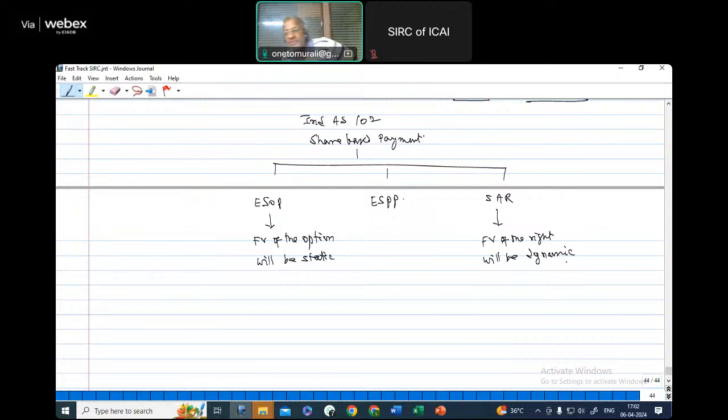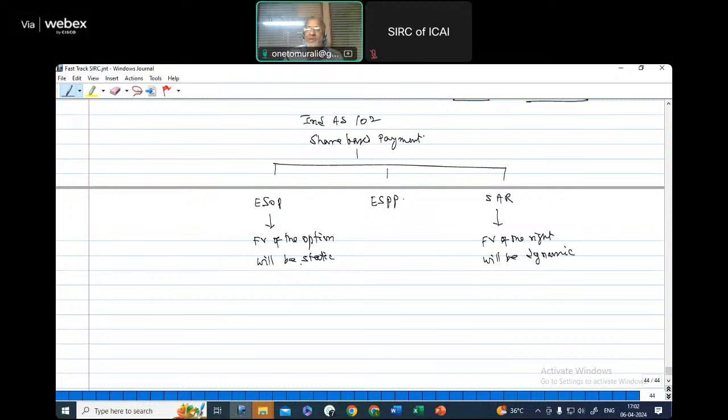In an employee stock option plan, the intention of the employer is to retain the employee for some number of years, giving them the incentive of subscribing to the shares after the vesting period at a price lower than the expected market price, so that employees can subscribe at a lower price, sell it at a higher price, and make a fortune.